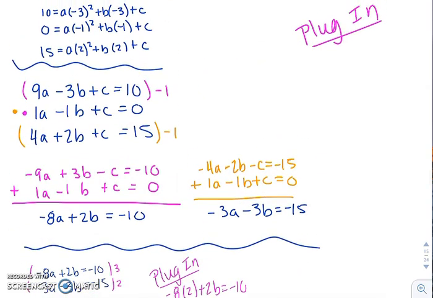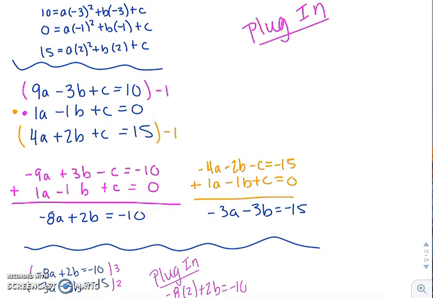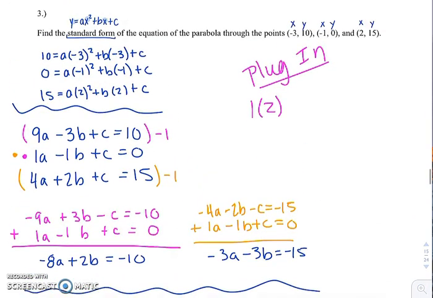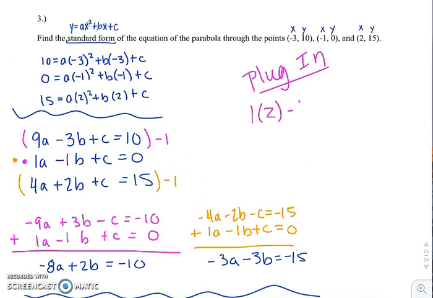So I'm just going to do the middle one. 1a minus 1b plus c. So 1 times 2, what is b? 3. Minus 1 times 3 plus c, which is what we're trying to find, equals 0. So 2 minus 3 is negative 1. So c will equal 1.